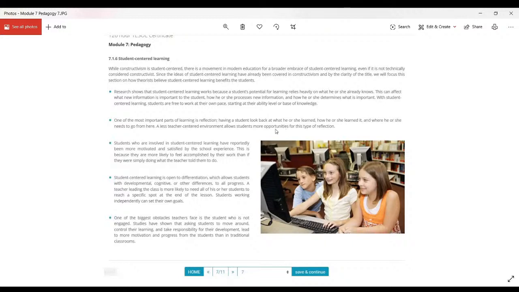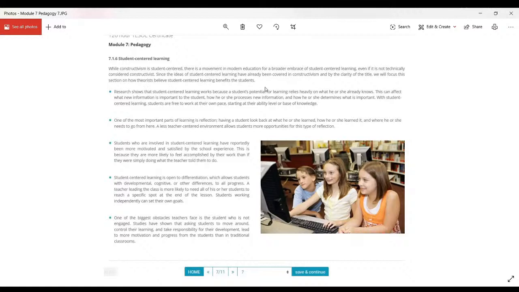Okay, next is student-centered learning. While constructivism is student-centered, there is also a movement in modern education for a broader embrace of student-centered learning, even if it's not technically considered constructivist.